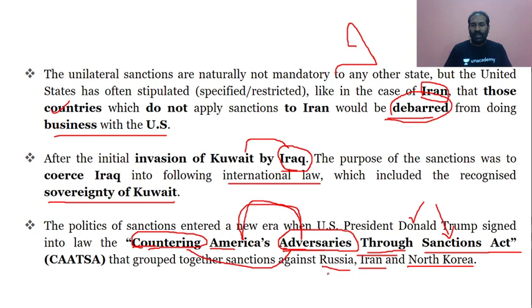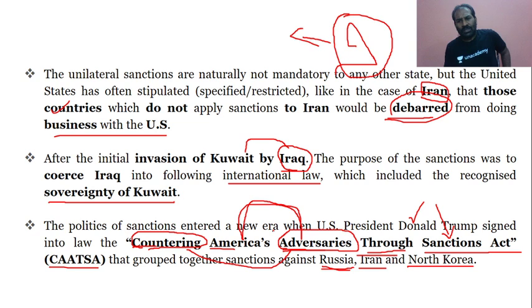India was left out of CAATSA because, as given in the example, India was purchasing crude oil from Iran, but the US still kept India aside. That is because India had very good diplomatic relations at that moment, and India diplomatically won over the US so that CAATSA would not be applied to India the way it has been applied to Russia, Iran and North Korea.